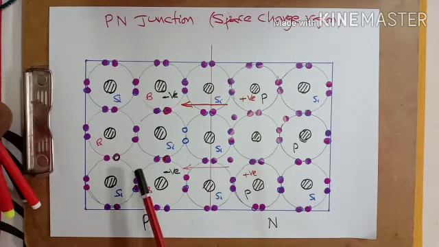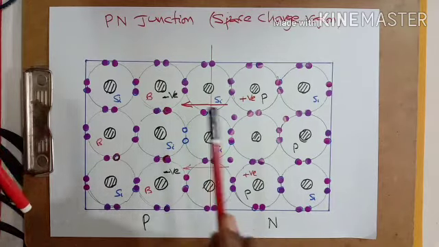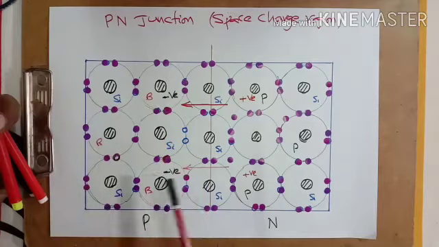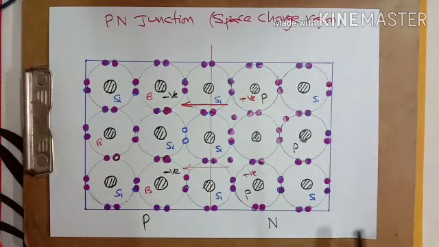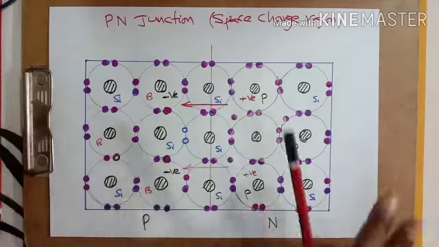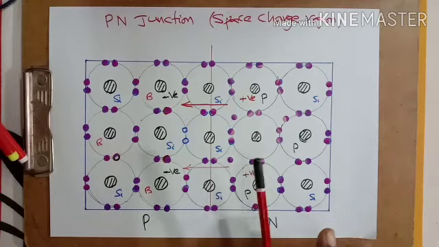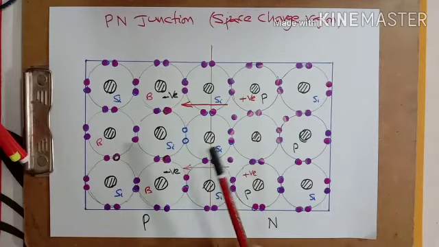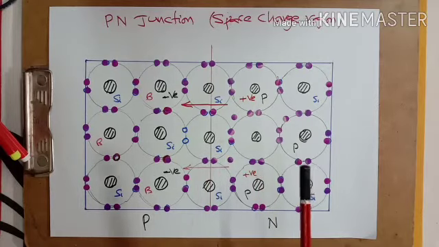At any moment of time, when there is no external power supply or bias supply, the charge neutrality has to be maintained in the semiconductor. Under the charge neutrality condition, the drift current and diffusion current will remain the same.